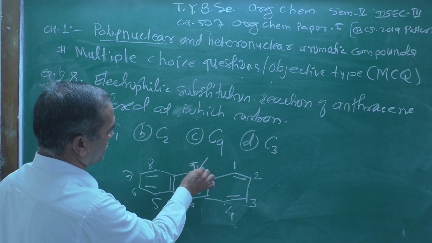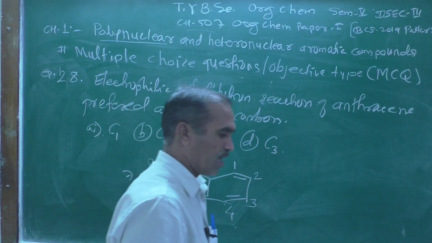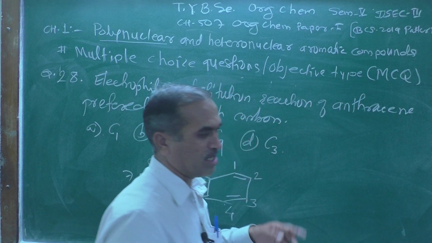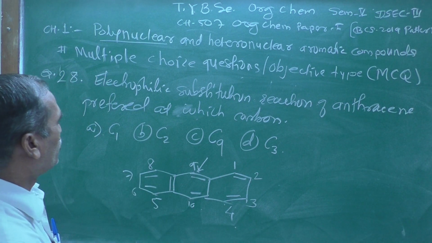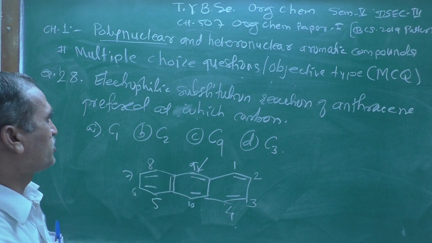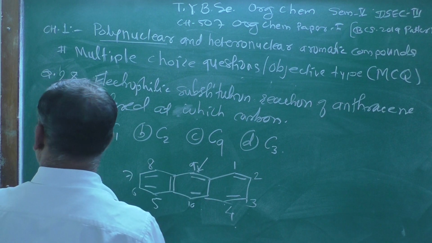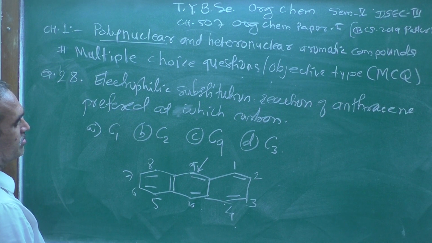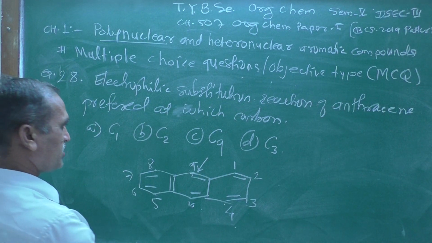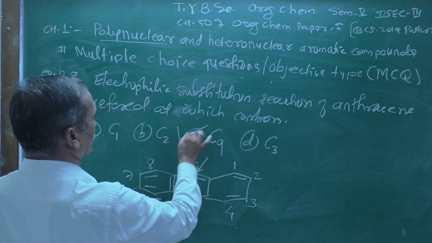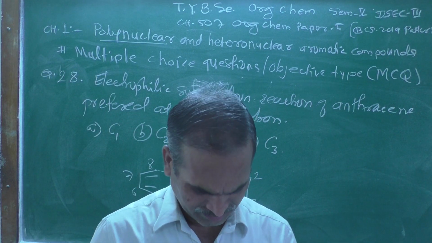Remember, C9 and C10 are the identical positions, and they are the preferred positions where the electrophilic substitution reaction can occur. So see the options. Is there C9? Yes. C would be the correct answer.